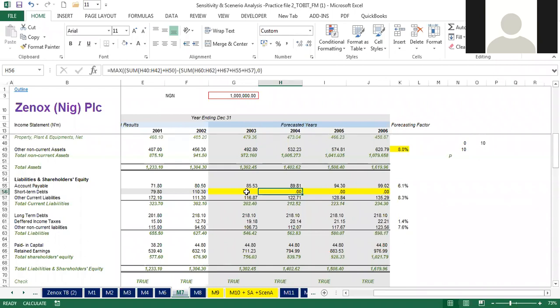Then the difference is on one side, and zero is on the other side. You now include the max function. The max function will return the highest between two numbers. So if you have a negative number and a zero, Excel is going to replace that negative number with zero, because zero is more than negative. So that's what we explained.